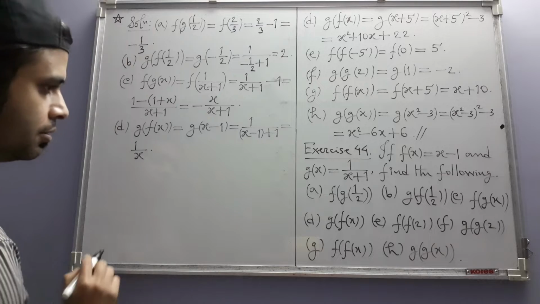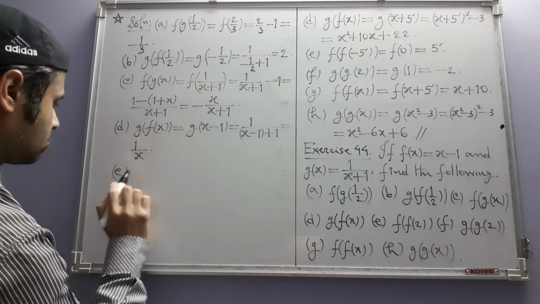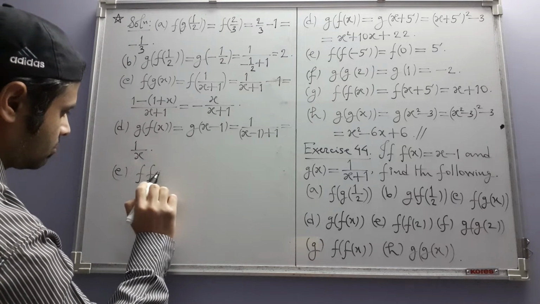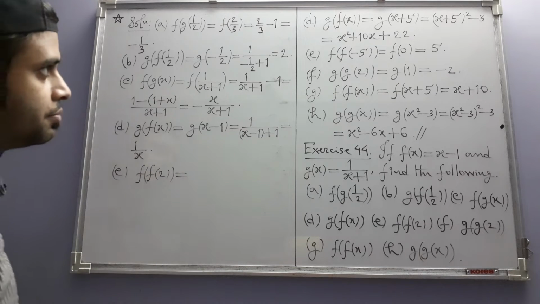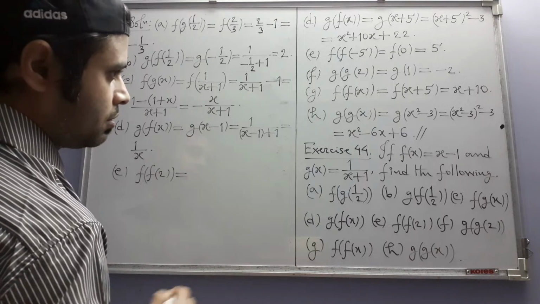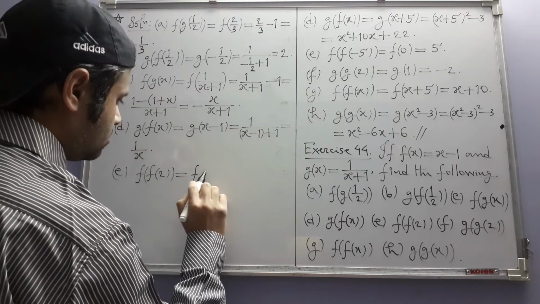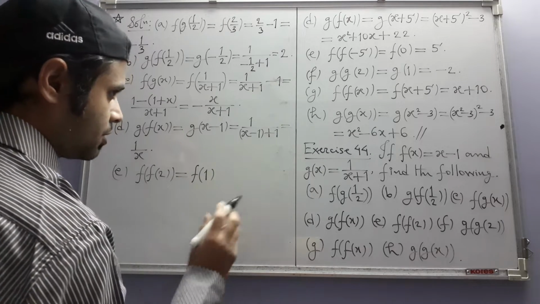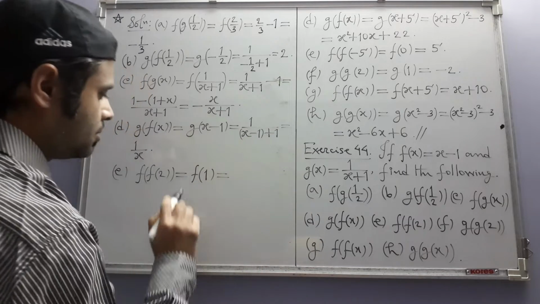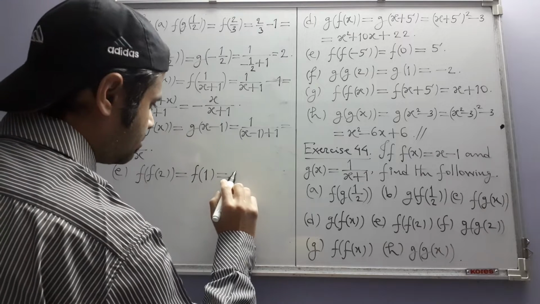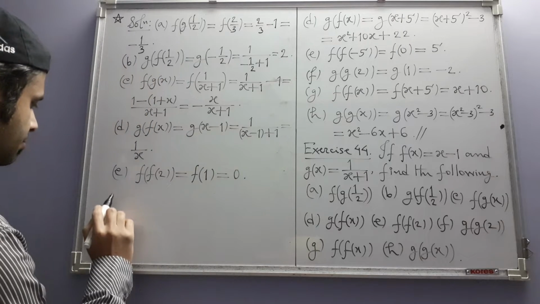Then f of f of 2. F of 2 is 1 because we are subtracting 1 from the input, and because of that again f of 1 is 0.